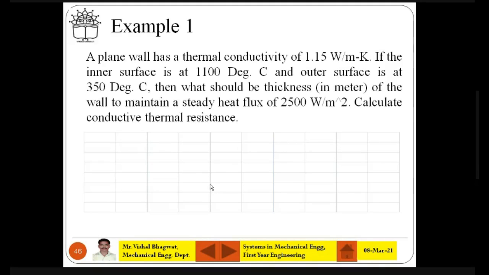If the inner surface temperature is 1100 degrees Celsius and the outer surface temperature is 350 degrees Celsius, then what should be the thickness in meter of the wall to maintain a steady heat flux of 2500 watt per meter square? Calculate the conductive thermal resistance.